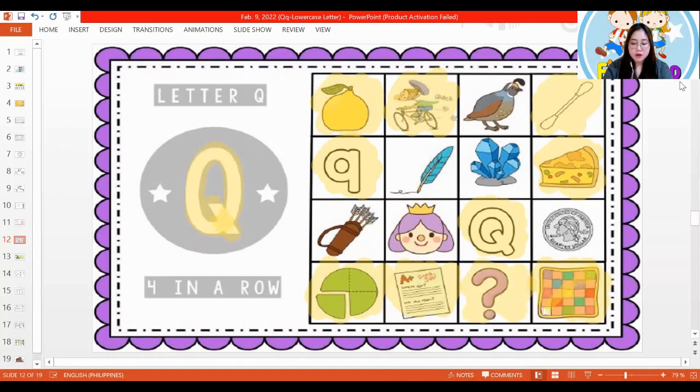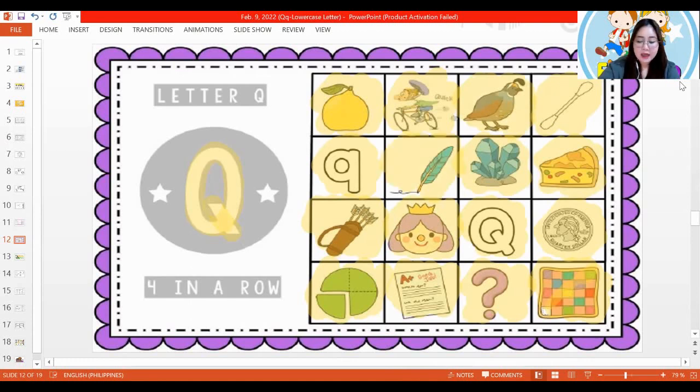Then let's cover the quartz. Then let's cover the quiver. Cover the quarter. Let's cover the queen. Let's cover the quail. And lastly, let's cover our quill.